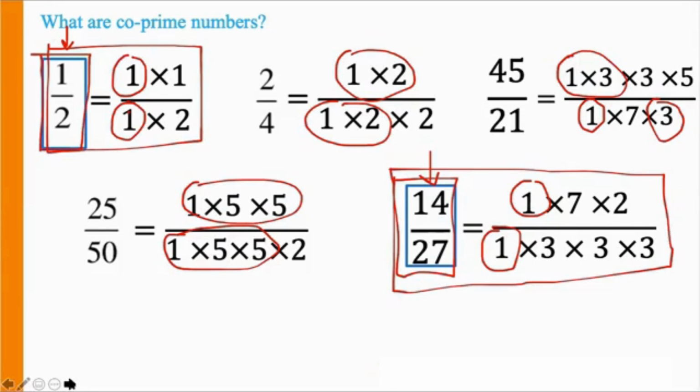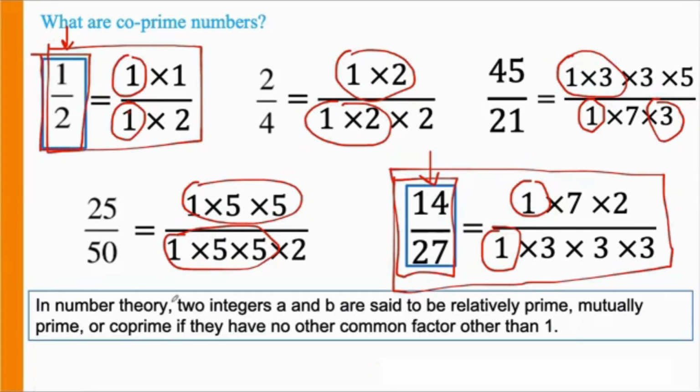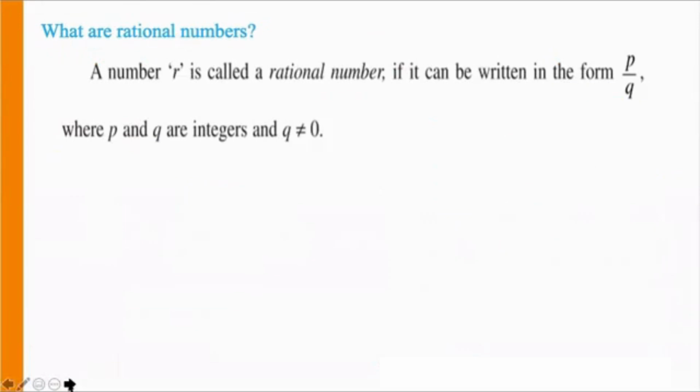Okay? Now, in number theory, two integers a and b are said to be relatively prime or mutually prime or co-prime if they have no common factor other than 1. So 14 and 27 are co-primes, 1 and 2 are co-primes.